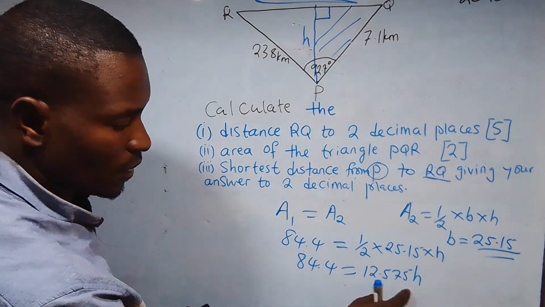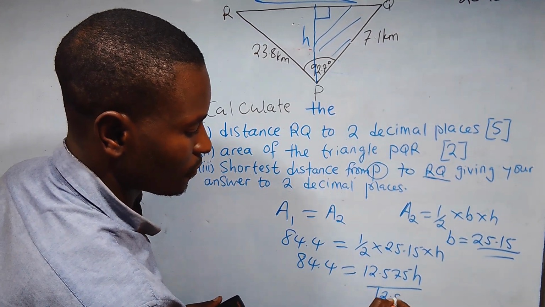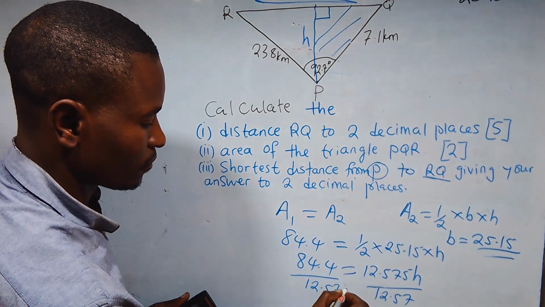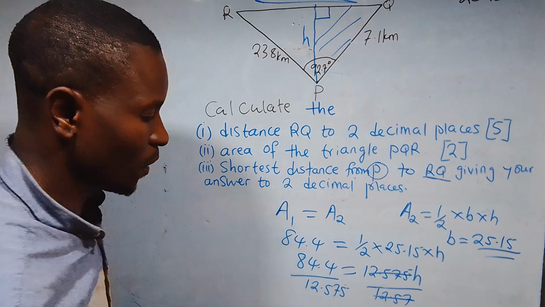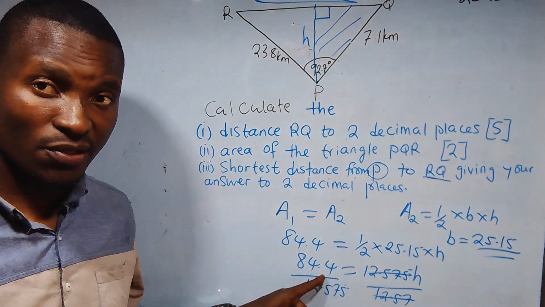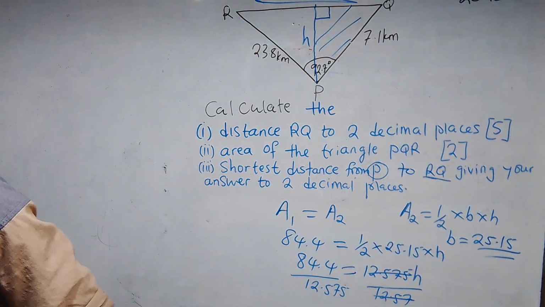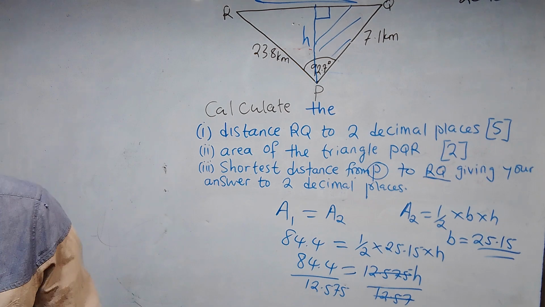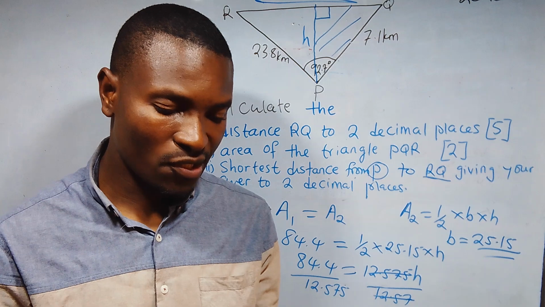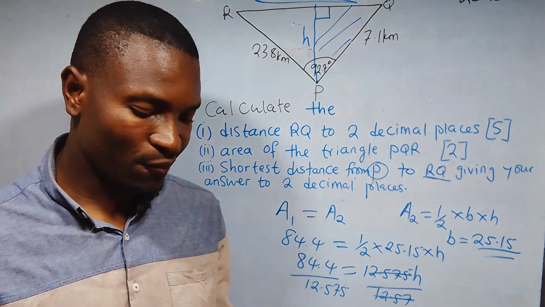So now we can divide both sides. So this goes, and now this into this. So now you can just say 84.4 divided by 12.575.